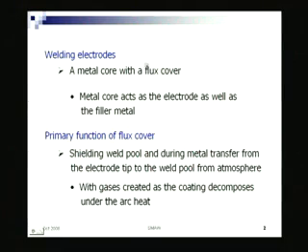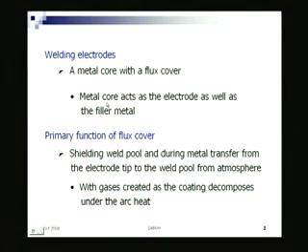Choosing a suitable electrode means you will have to look into the weld metal composition or the parent metal composition which is to be welded, such that it matches with the welding electrode, right. And then other aspects which concern the flux, right.